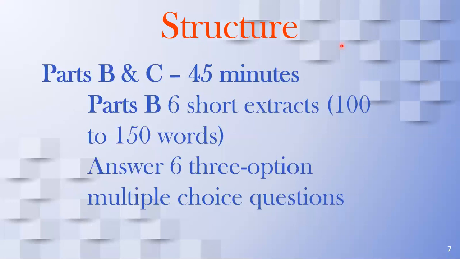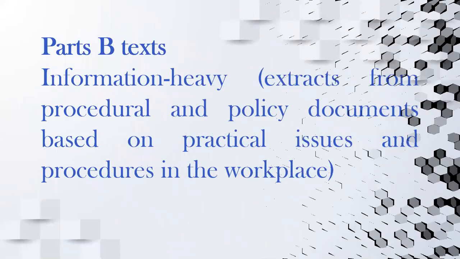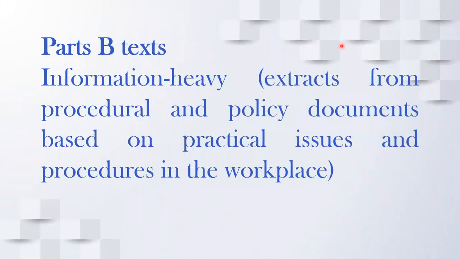Before we go to Part C, Part B texts are information heavy. Although they are very short, they are dense. They contain a lot of information that you need to be able to read and understand to answer the questions. Don't be deceived by the fact that these are short texts.